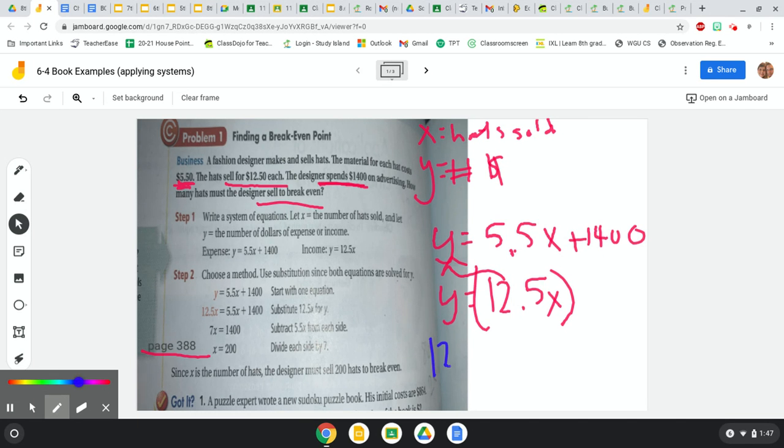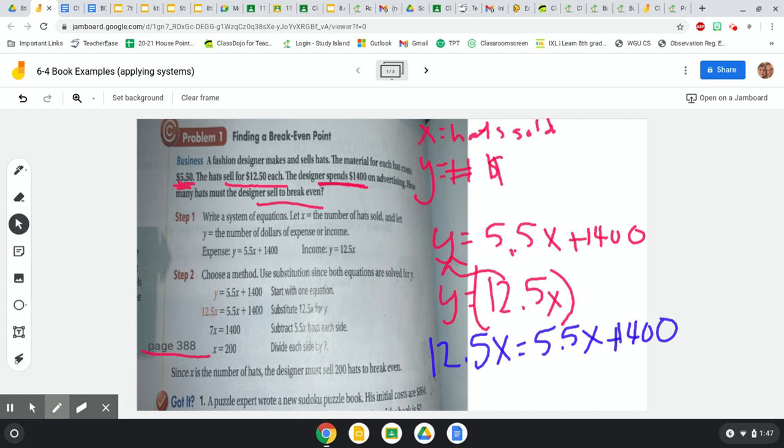And I'm going to have 12.5X equals 5.5X plus 1400. I can subtract 5.5X from each side. That's going to leave me with 7X equals 1400. Divide each side by 7. I'm running out of room. Coming over here, X should be equal to what, 200?